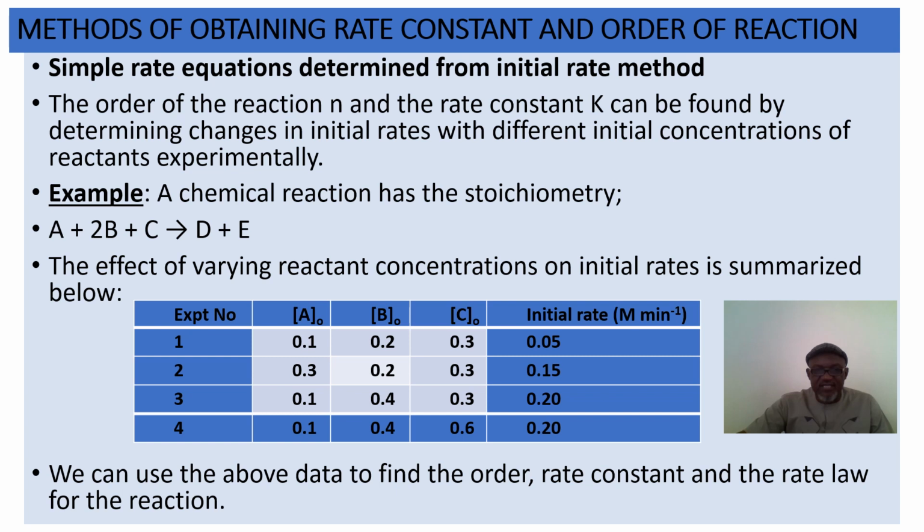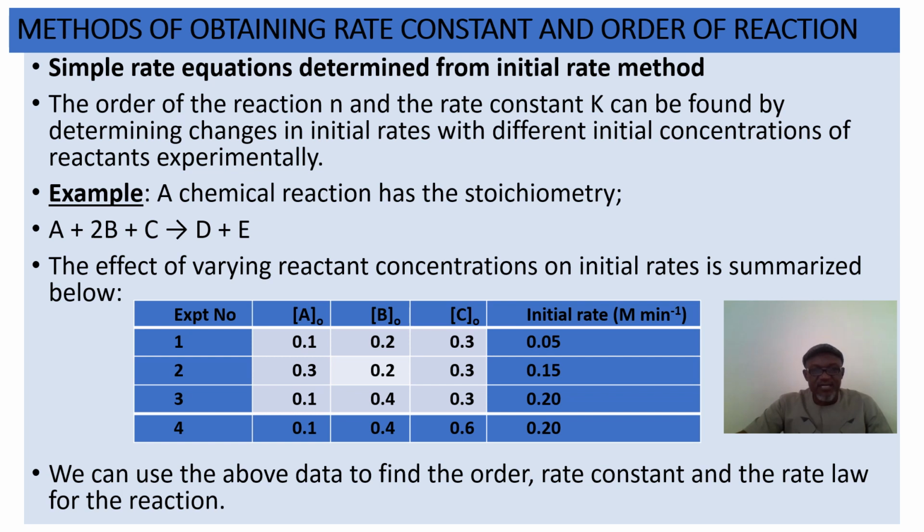Now, before we go to the next slide, let's carefully look at this table because we're going to make use of it in the next slide. If you look at experiment 1, we have 0.1 for A, 0.2 for B, 0.3 for C, and the initial rate is 0.05. Now look at experiment 2. You see that it is only the initial concentration of A that is changed from 0.1 to 0.3.